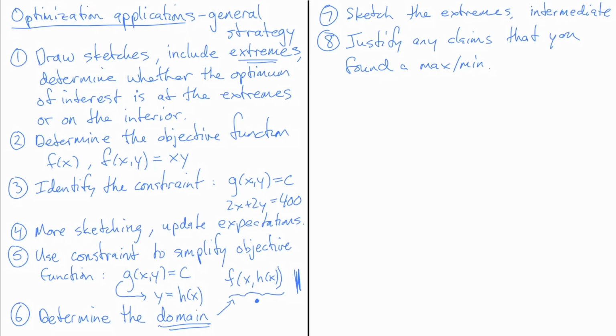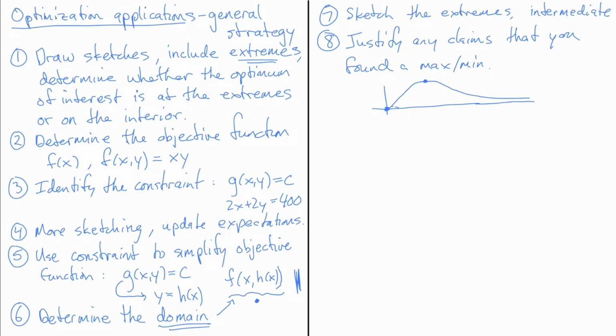If your domain is let's say from 0 to infinity, then you have to come up with some idea of why. For example, if your function starts at 0 and it goes positive and then it tapers off to 0 eventually, if you find that this is a critical point, maybe you find that it's even a local max.